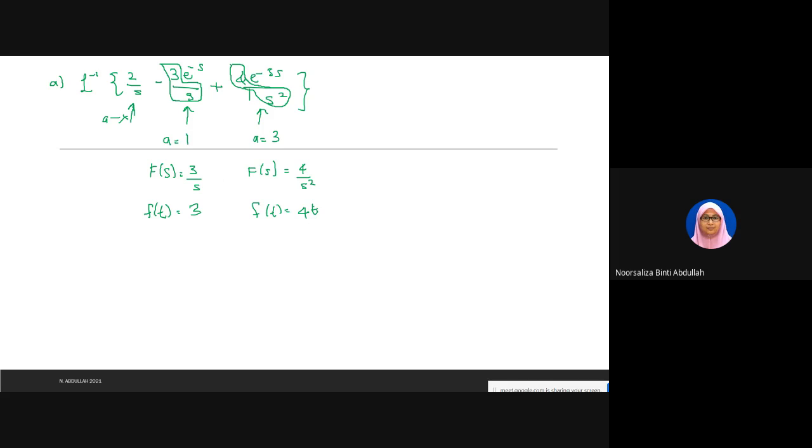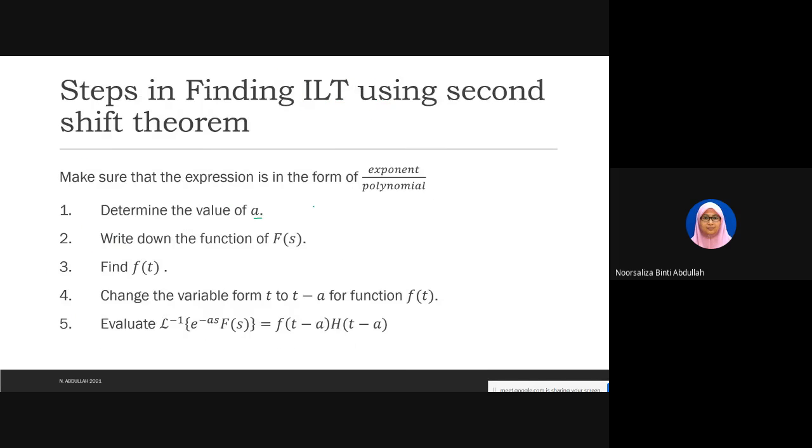Okay, the fourth step: change the variable from t to t minus a for the function f(t). At this stage we get f(t) and now we have to change the variable from t to t minus a.